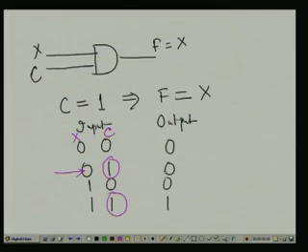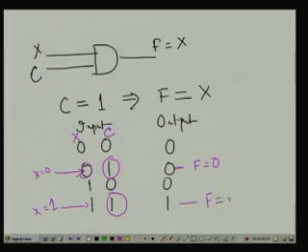Here x equal to 0, and I am getting f equal to 0. In the situation when c equal to 1, I give x equal to 1, and here also I get f equal to 1.